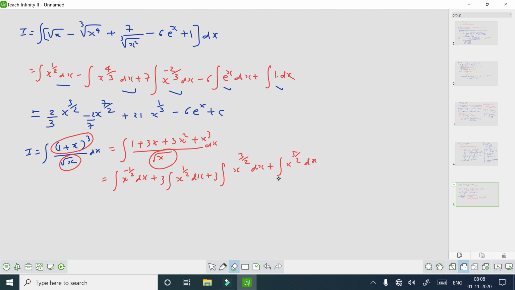Now, very easy to integrate it. Use the x raised to n standard form, then you can solve this one. So, let us see the next form.